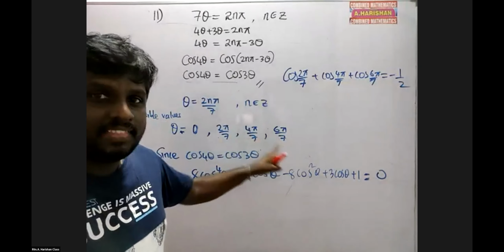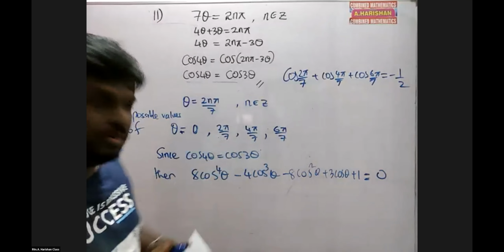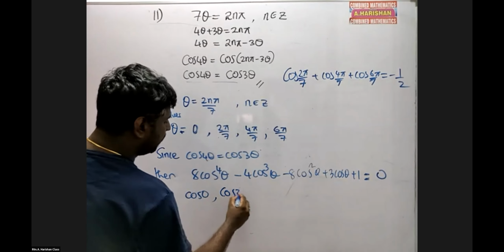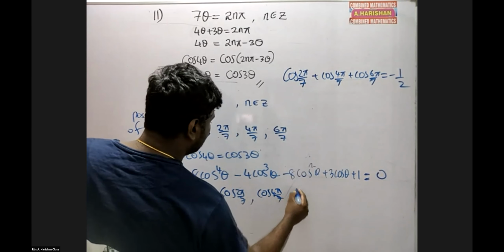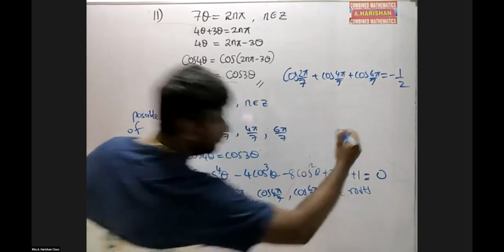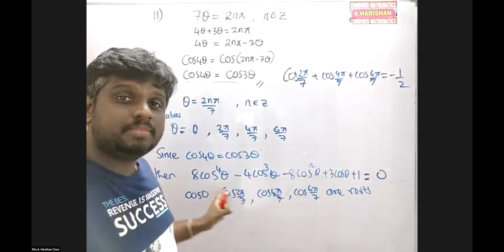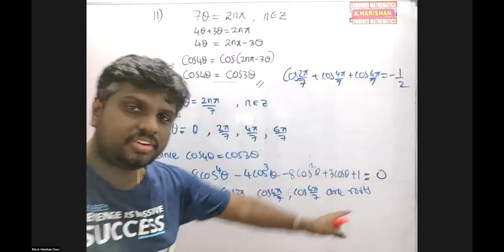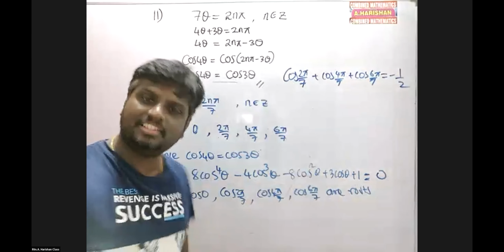Then what are the solutions for this equation? Cos of these values, that means cos 0, cos 2 pi by 7, cos 4 pi by 7, cos 6 pi by 7 are roots of the above equation. Yes or no? Because this equation is in terms of cos theta, so if this is equal to 0, the cos of these angles are the solutions of this equation. Understood?